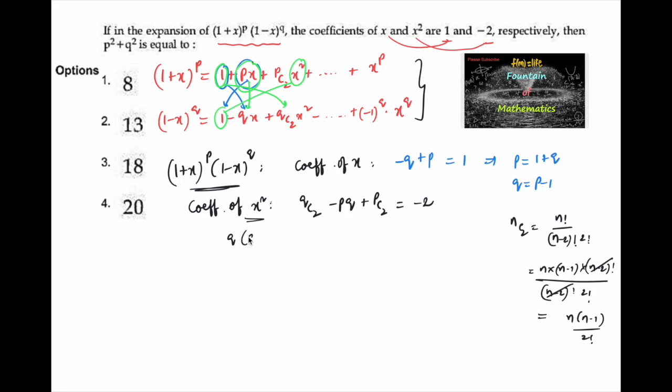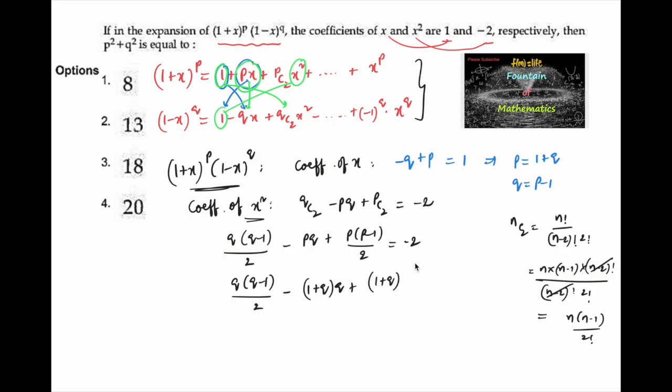So here we can write q into (q minus 1) divided by 2 minus pq, and plus p into (p minus 1) divided by 2, which is equal to negative 2. And we have q into (q minus 1) divided by 2 minus p, we can write it as (1 plus q) into q, and again here p we can write 1 plus q, and p minus 1 we can write as q, divided by 2, which is equal to negative 2.